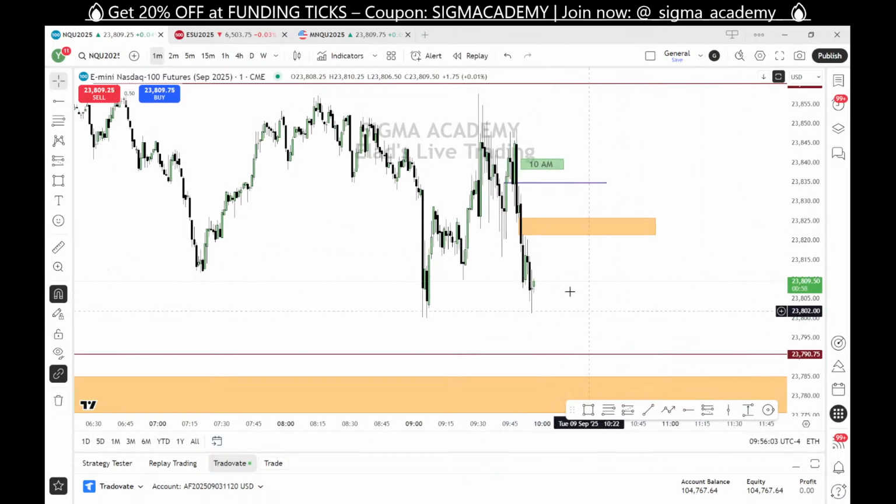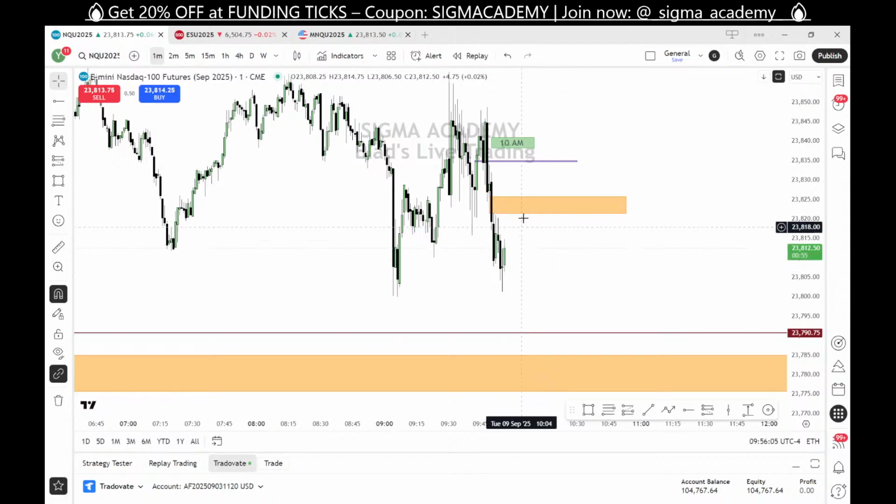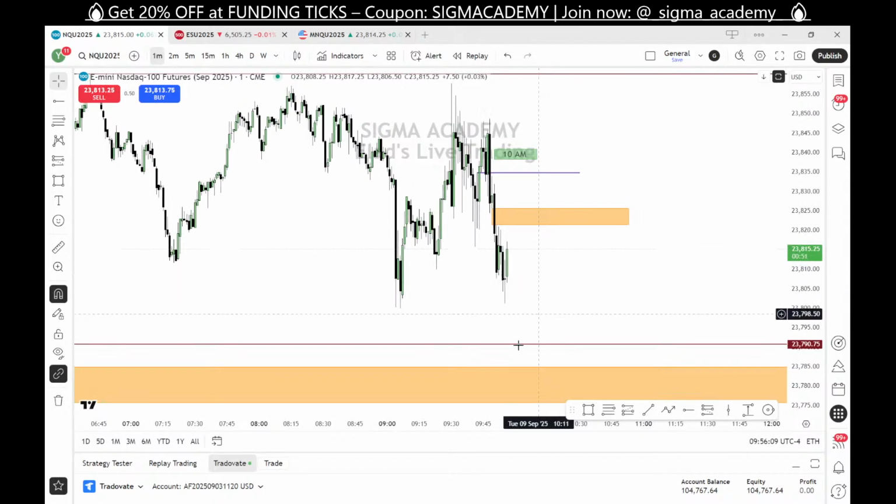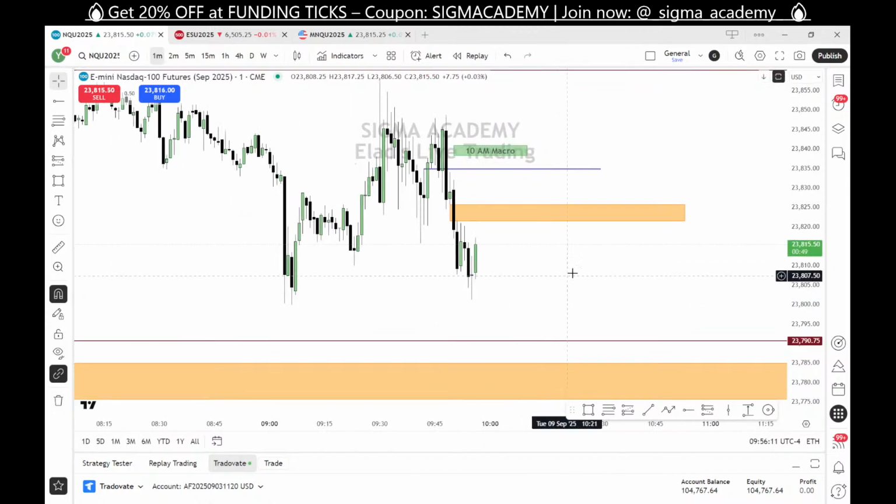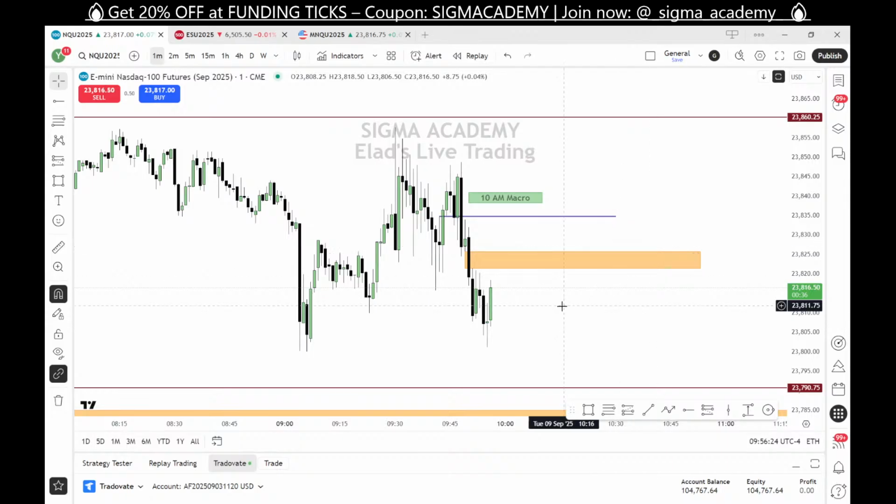Once we go lower, I will move the mark from this one to the lower one. Most of the time I will prefer the fresh fair value gap to see how it behaves. By then I can see where the order flow is going.